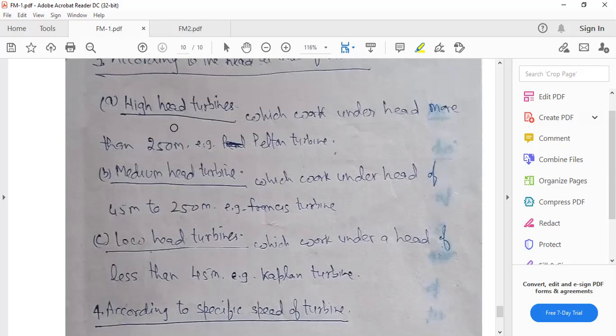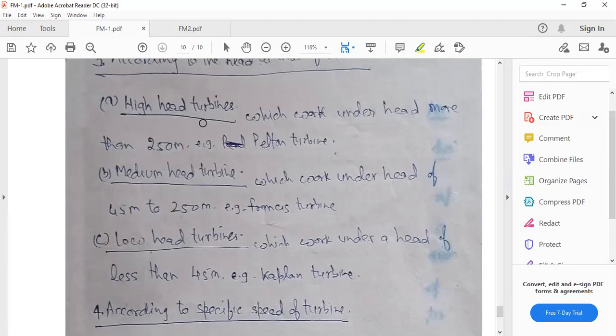And head available greater than 250 meter, then it is called high head turbine. So we have low head, medium head, and high head turbine.